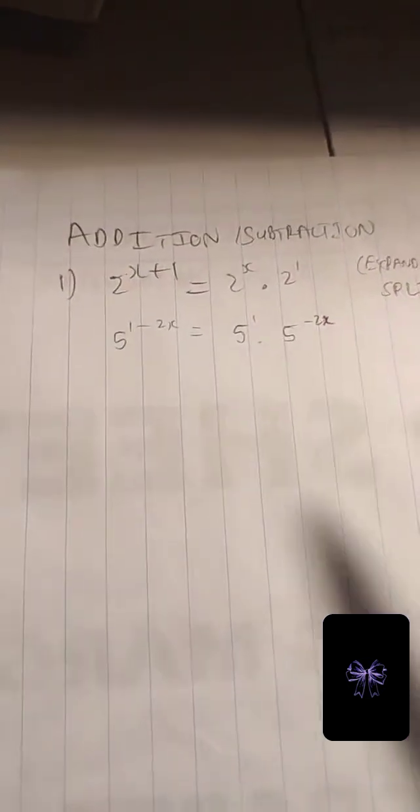So I think you understand the splitting, right? Because with the addition and subtraction, that splitting tends to be applied in certain scenarios. There's one more thing I want to check with you.